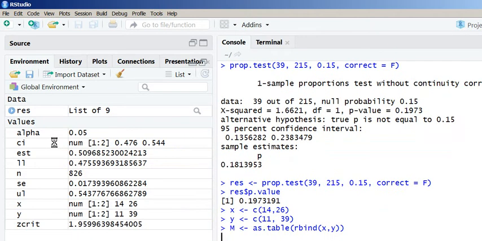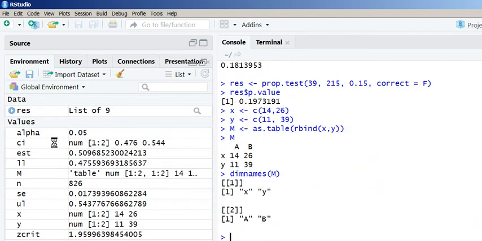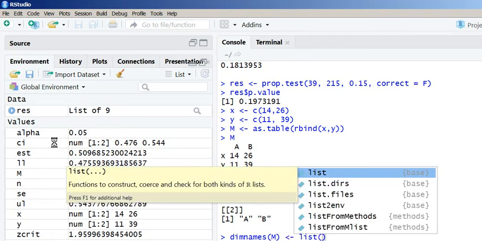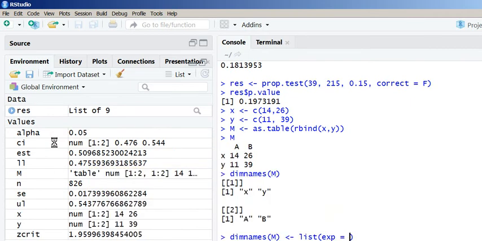It's x, y. Notice what m looks like now. There are dimnames that we can call on. It's x, y, and a, b. Let's just change that. So dimnames of m, I'm going to change that. It's going to be a list, and I want the experiment to be equal to the first part.